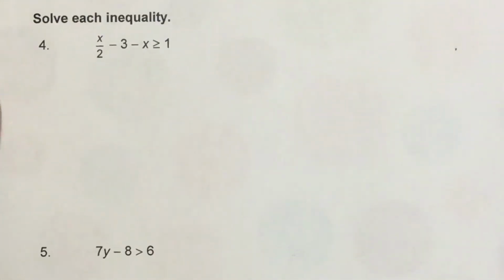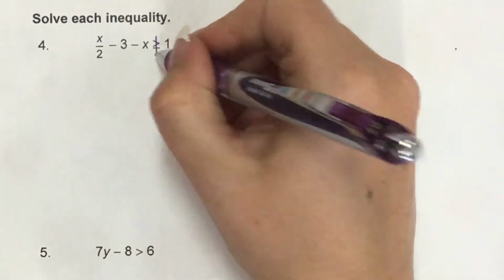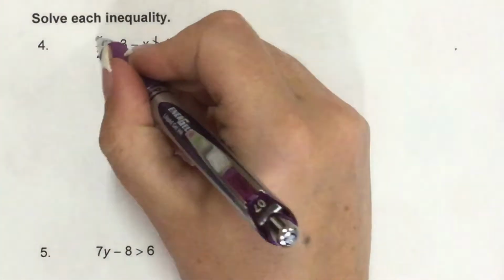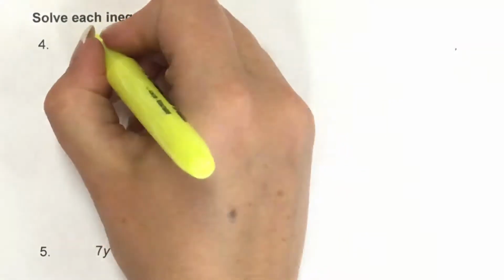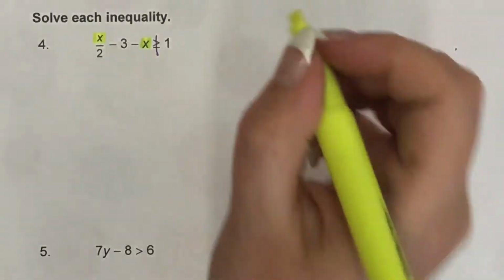So what I want you to do here is we are going to do problem number 4 together. Perfect. Let's go ahead and get started. So what I see is with this particular inequality, this side has 2 different x's. There's an x here, and there's also an x here.